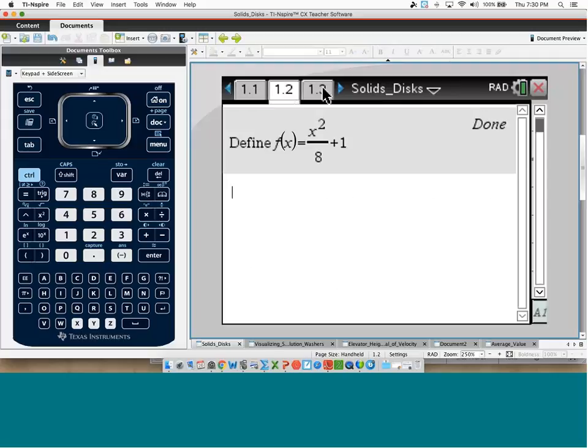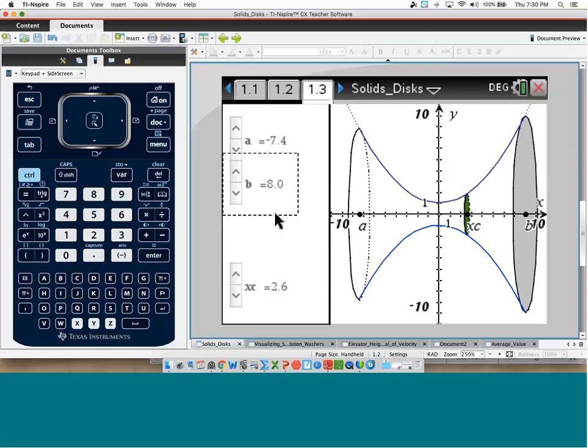So as we go through, we can define a function, and we're beginning with this example, x squared over 8 plus 1. And it graphs the function. I'll let Tracy walk through it since this is her baby. Okay, so we've got our function graphed, and we're going to look from A to B, which right now is set at negative 7.4 and 8.